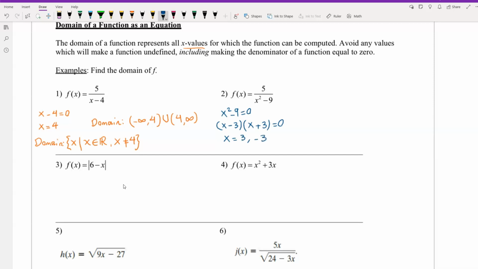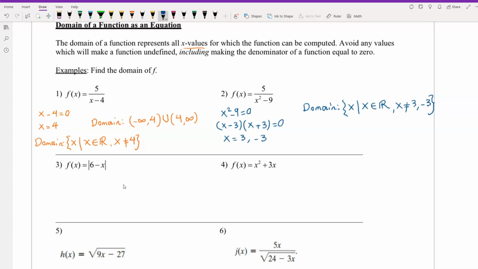So when finding domain is x such that x belongs to all real numbers except 3 and negative 3. Close set.